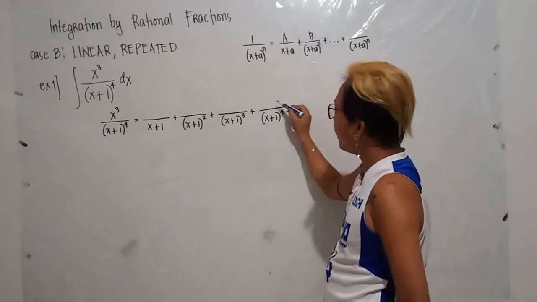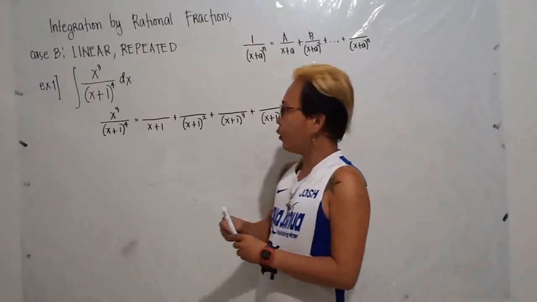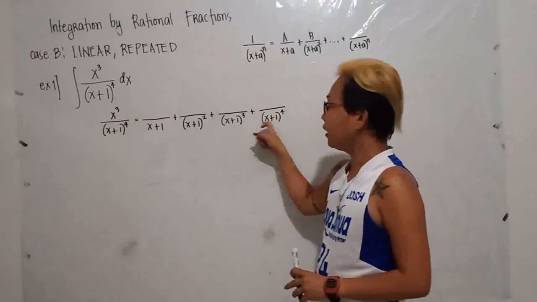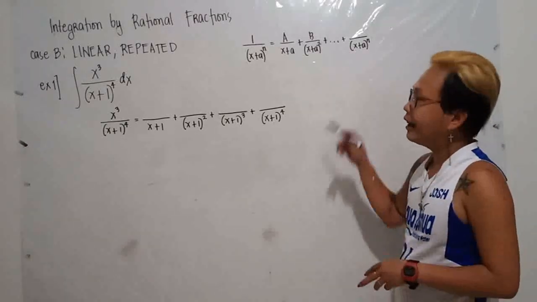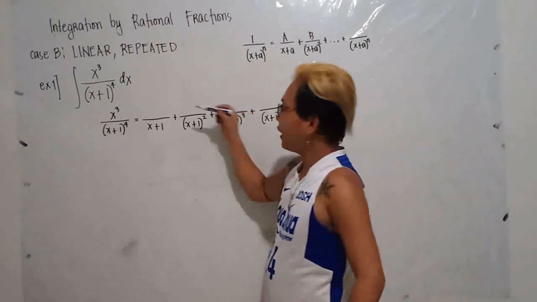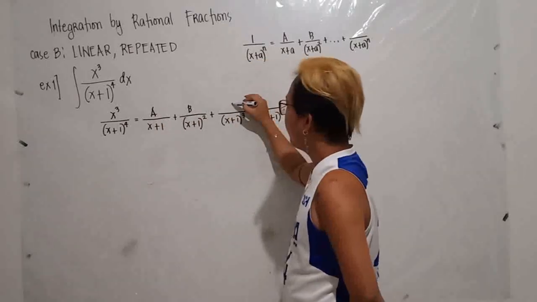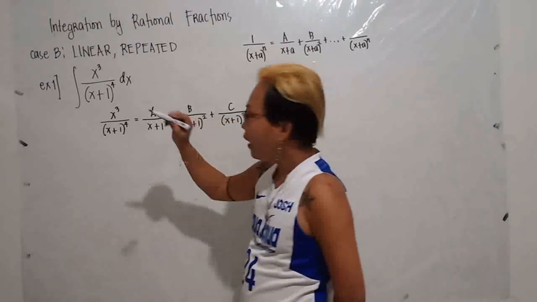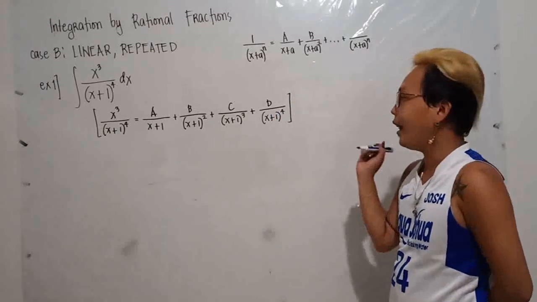So, mag-stop tayo dun sa x plus 1 raised to 4 since yun yung nasa denominator natin. So, pataas ng isang degree. That's how you do linear but repeated. So, assigning letters para sa numerator, you will now have A, B, C, D. So, you will have to find the values of A, B, C, and D.